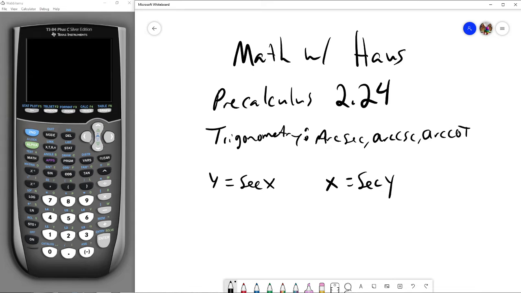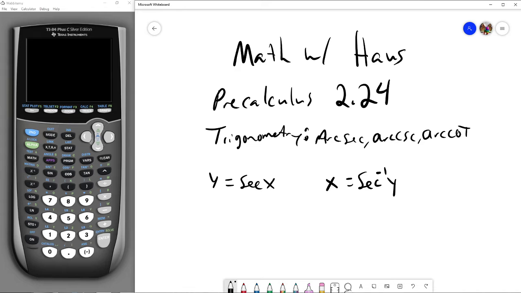This function where we swap the x's and the y's, we're going to denote with a -1. So when we have y equals secant x, that's our normal secant function.